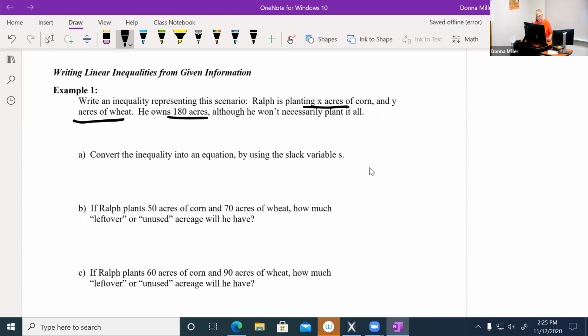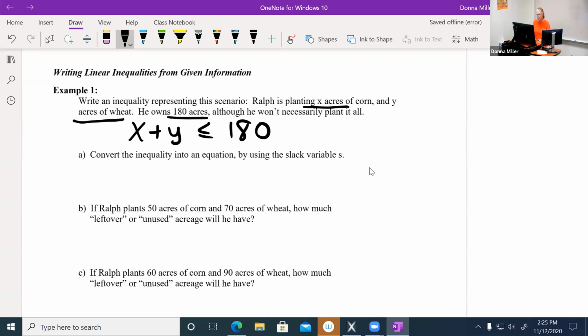I'm going to plant x acres of corn and y acres of wheat, and it has to be less than or equal to 180 because I'm not necessarily going to plant all of it. So my inequality would be x plus y is less than or equal to 180. Total acres I plant has to be less than or equal to 180. Now, to turn it into an equation, which I need to do for simplex, I just add a slack variable.